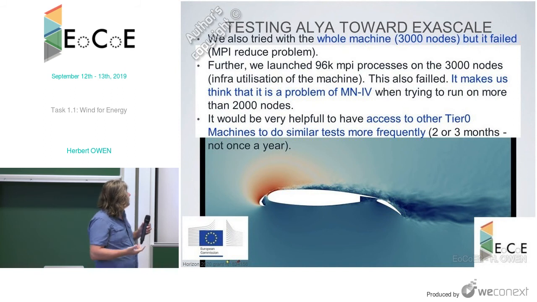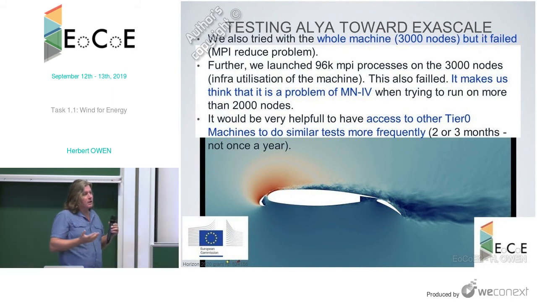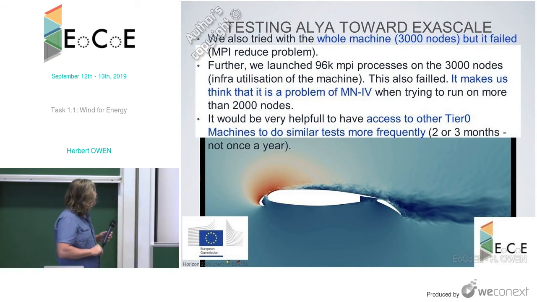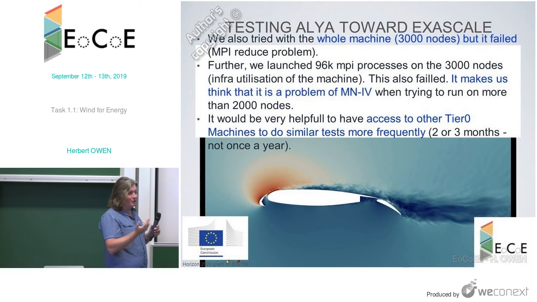And this is something where we need to have more time to do these kind of experiments. The people from Mare Nostrum should have more time to do these big experiments. And unfortunately, it seems it's only done once a year. So I think this could be a recommendation for this coordination of CoEs, that there should be time. We don't need too much time.